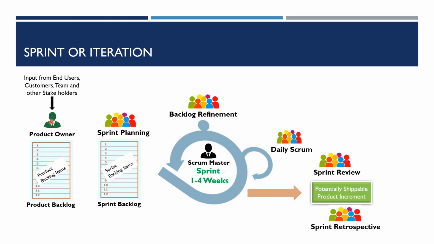The product owner keeps working with the end users, customers, a lot of other stakeholders, and gathers the requirements and documents those requirements into the product backlog. So this backlog is owned by the product owner. Once the backlog is captured, the product owner works with the team in refining the backlog.